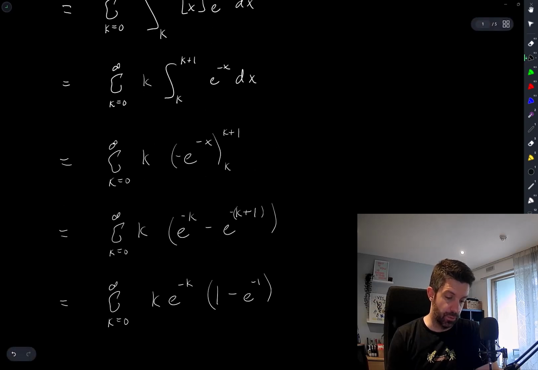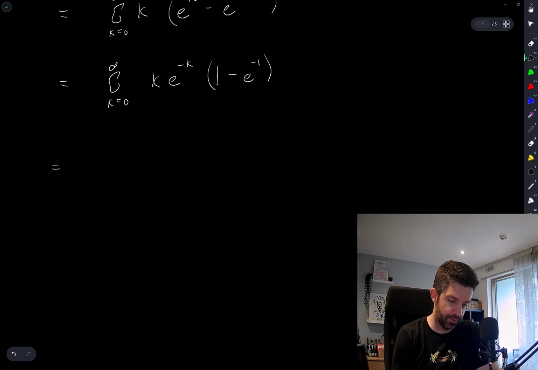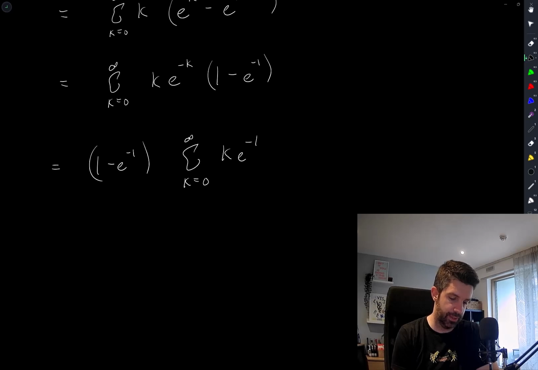I hope I'm not going through the computations too quickly here and making a little mistake, but I think I've got that correct so far. So I have 1 minus e inverse times a sum, k goes from 0 to infinity of k e to the negative k.